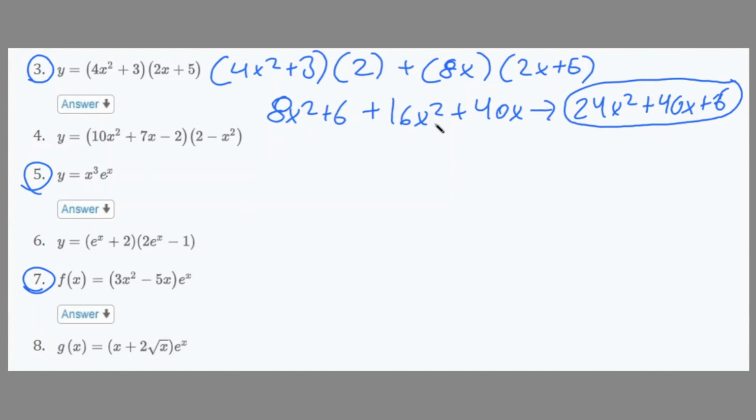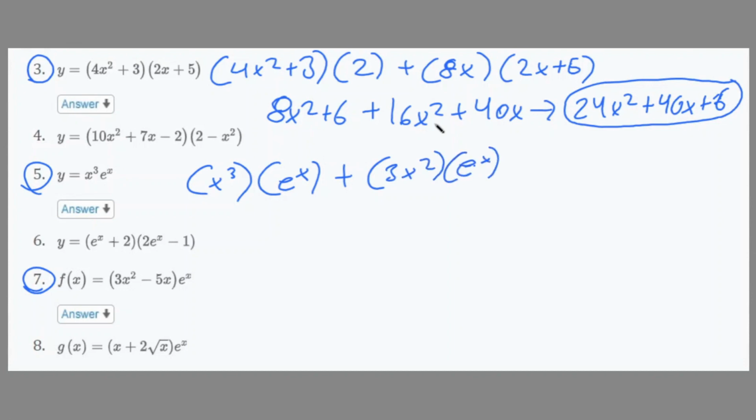And now number 5 is x cubed times e to the power of x. So f of x is x cubed in this scenario, and g of x will be e to the power of x. So f of x is x cubed, g prime of x is e^x, and then that's added on to f prime of x, which is 3x squared, times e^x, which is g of x.